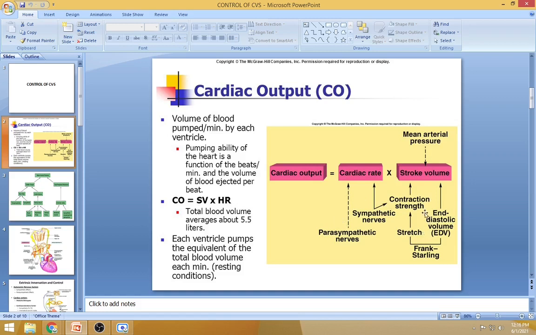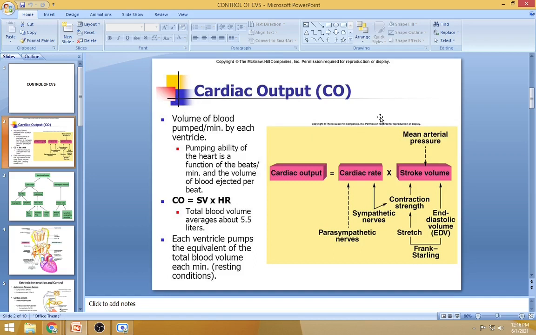Okay. So anyway, my purpose of bringing the slide here is, one, that you should know about cardiac output, and two, that cardiac output is a function of the heart. It's not something that is always constant.